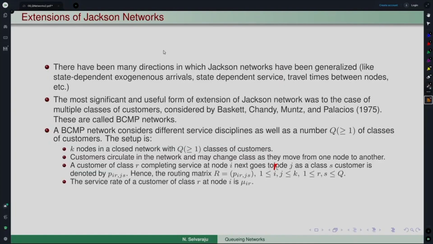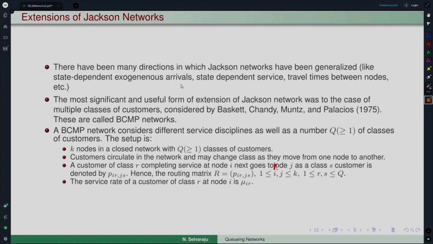But if they are moving freely, you can think of it as corresponding to an infinite server model, and then one can put a certain time duration, which will be the travel time for that node. Otherwise, one can also explicitly incorporate the travel times. These are all certain extensions that have happened with respect to Jackson. Jackson himself did propose, for example, state dependent exogenous arrivals a few years after he gave the first results.